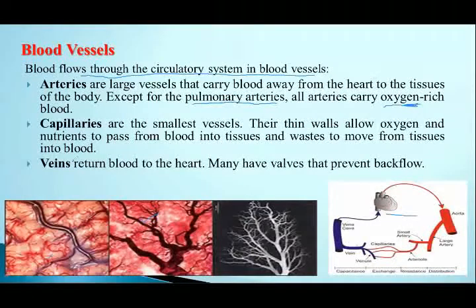Now, next we have the veins. Have a look into this. The veins return the blood back to the heart. Many have certain unique structures called valves that prevent backflow.